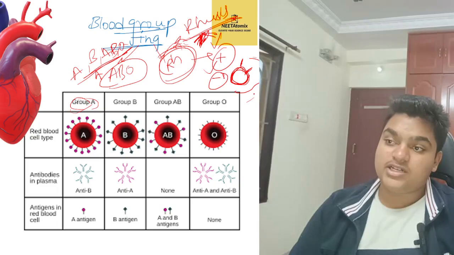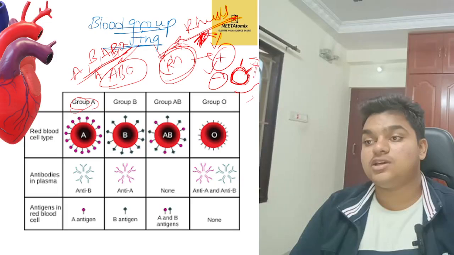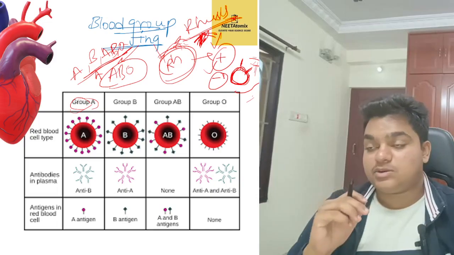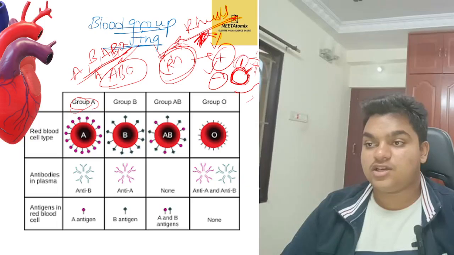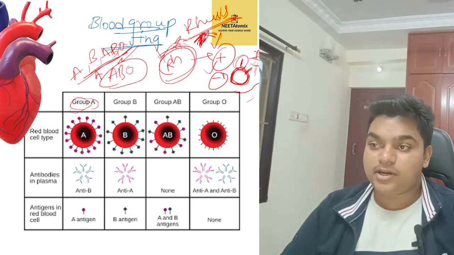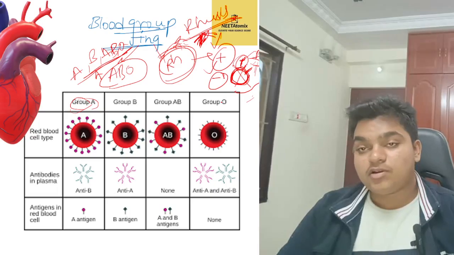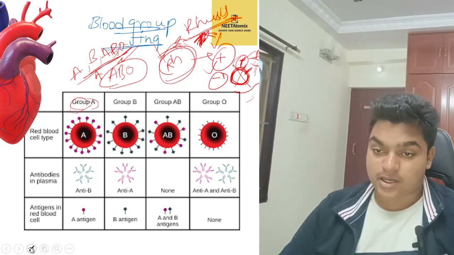These antibodies are opposite to the antigens present on the membrane of the RBC. Why? Because if the same antibody is present as the antigen, antibody and antigen interaction happens and the RBCs get destroyed. That is why we have the opposite antibody in the plasma.